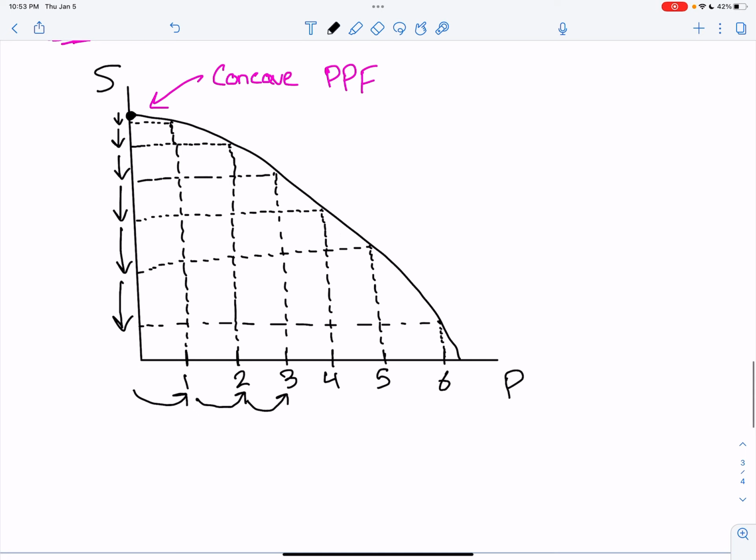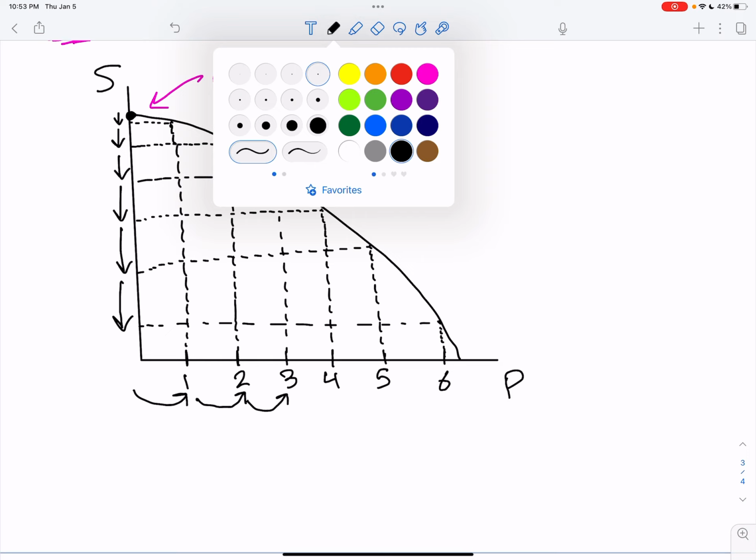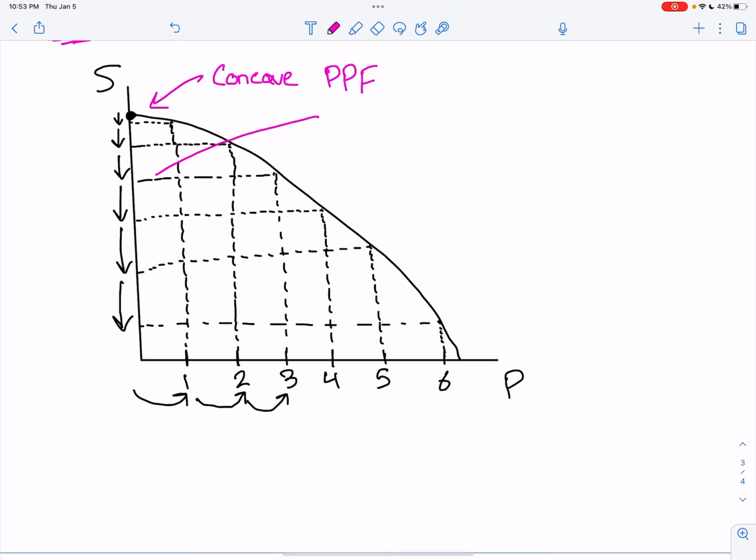So you have this nice progression of bigger and bigger and bigger arrows here, which illustrates increasing opportunity cost. Okay, let's just flag that here. Increasing opportunity cost. Okay, now you might ask, well, why?